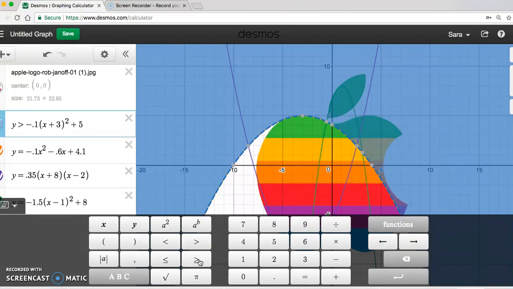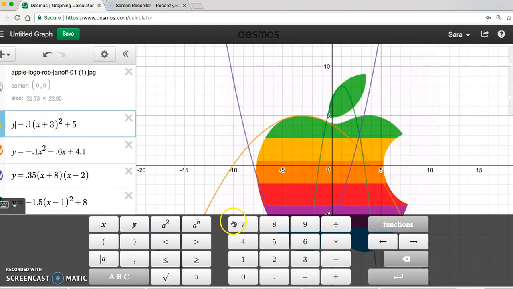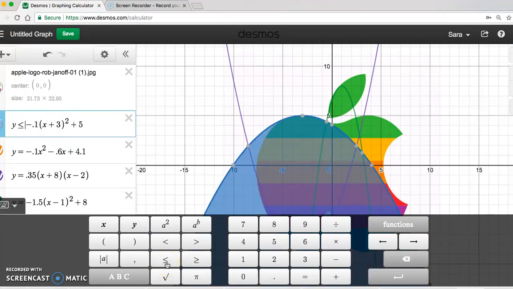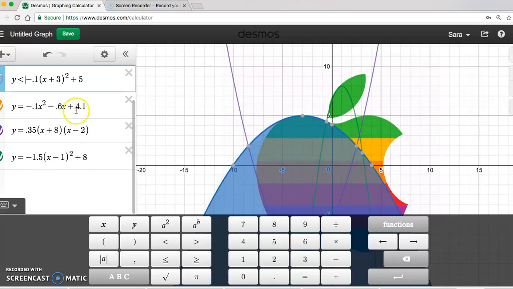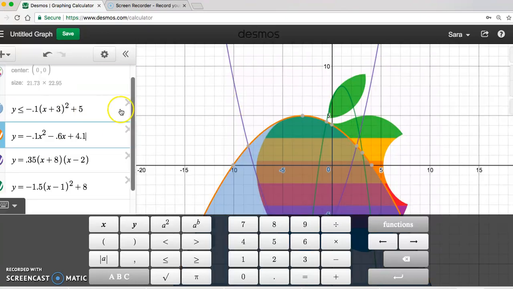Well, actually, I'm going to go, yeah, less than or equal to. There we go. Okay, so that gives me the shading that would be underneath, and I would just shade the part that's the apple. All right, this one, my orange, so that one also, my shape color is underneath, so I would make that a less than or equal to.